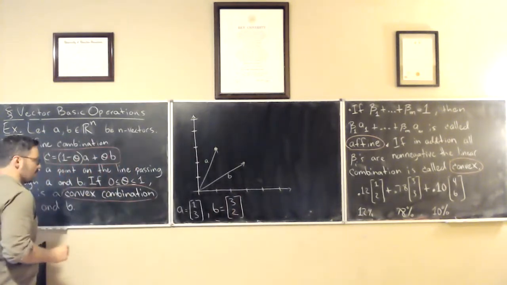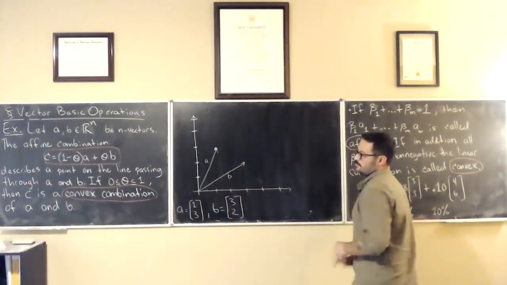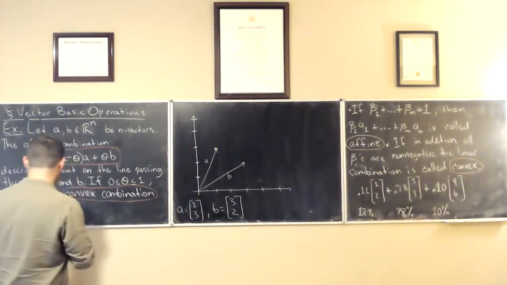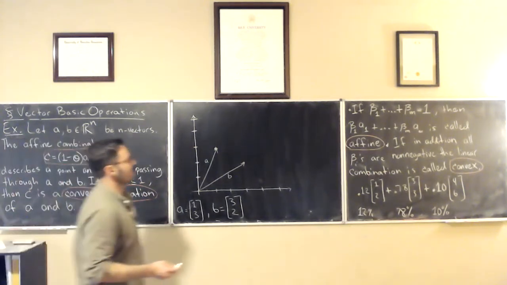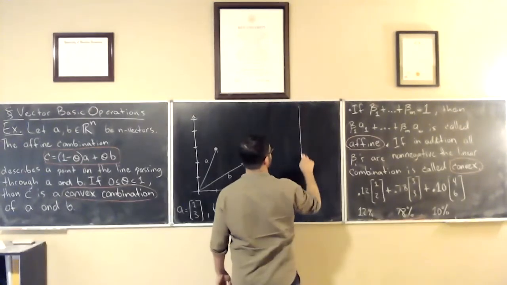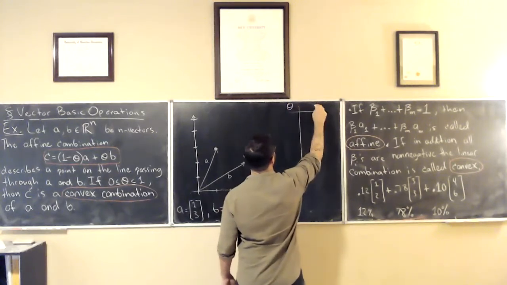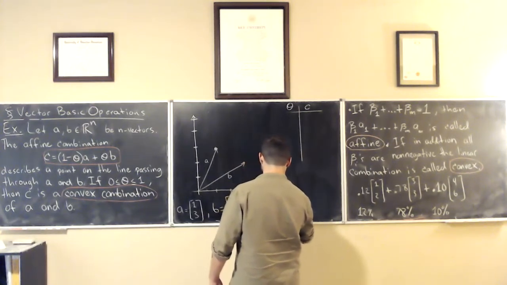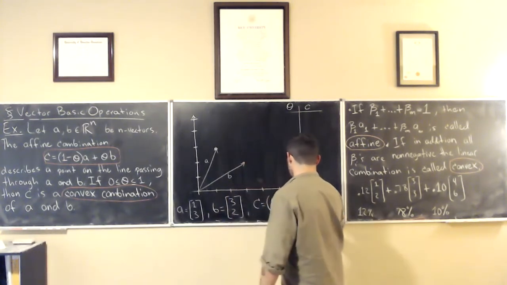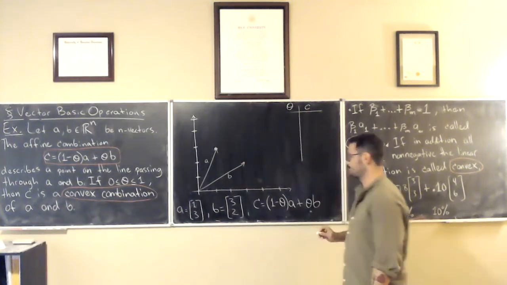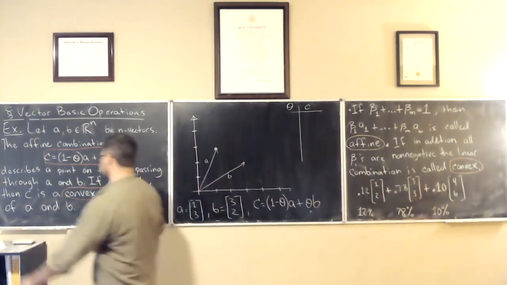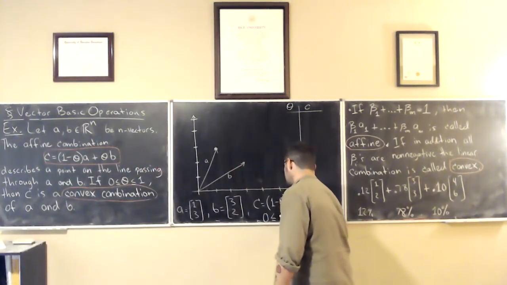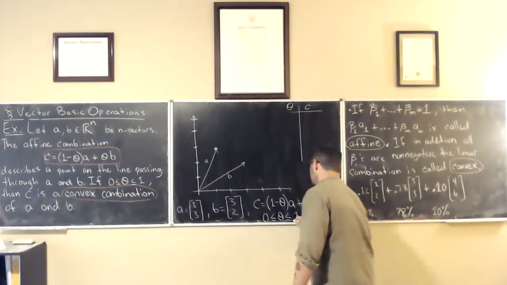Let's look at a convex combination C of A and B. To do that, we probably need to make a table: theta and then C. C is always equal to (1 minus theta) times A plus theta times B. We make this convex by saying that 0 is less than or equal to theta, which is less than or equal to 1.